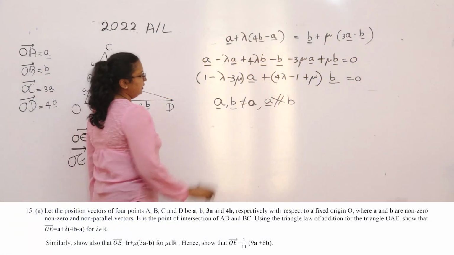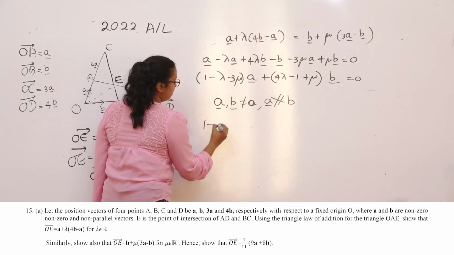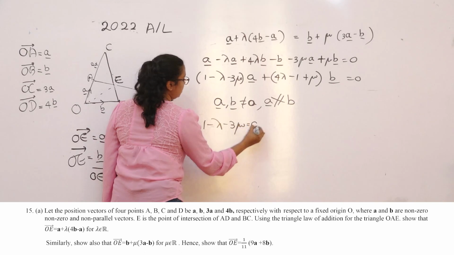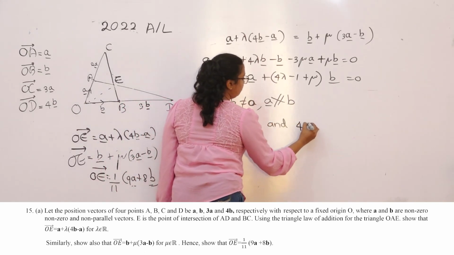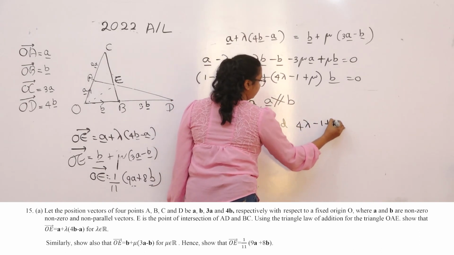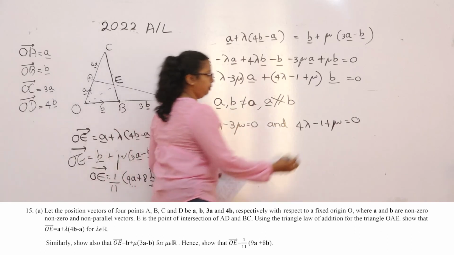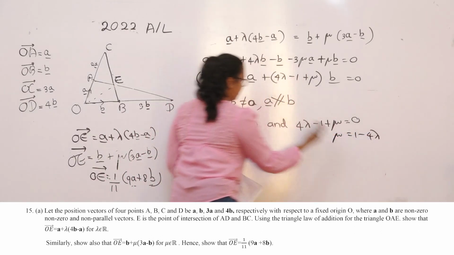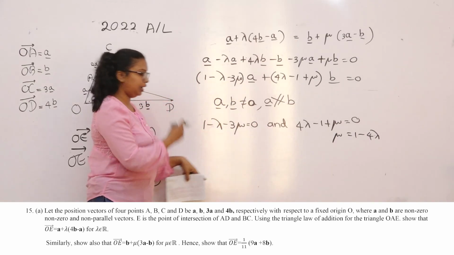Okay, so then you can write 1 minus lambda minus 3 mu equals 0 and 4 lambda minus 1 minus mu equals 0. So from this one we can find mu. Mu is equal to 1 minus 4 lambda. We can substitute this mu into the other equation and find the value of lambda.